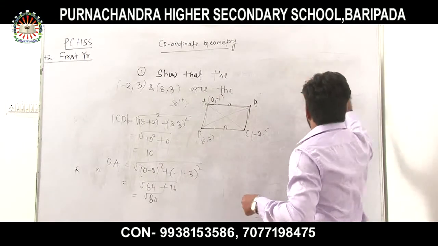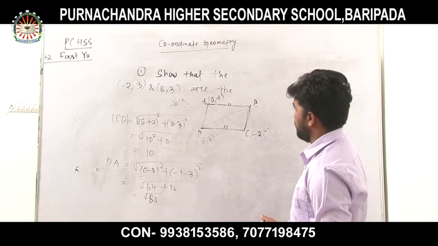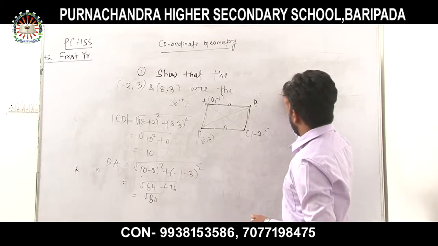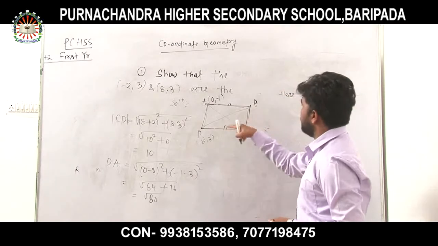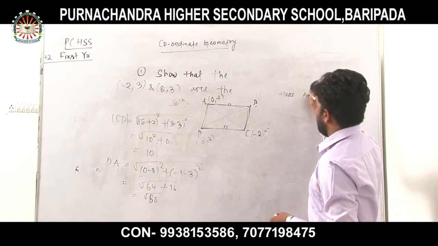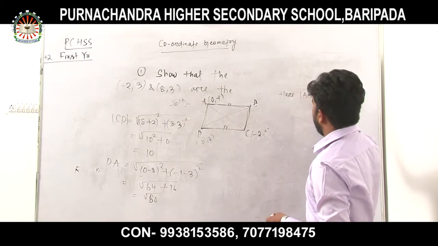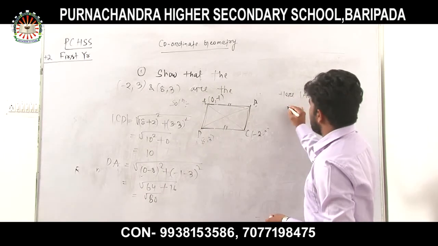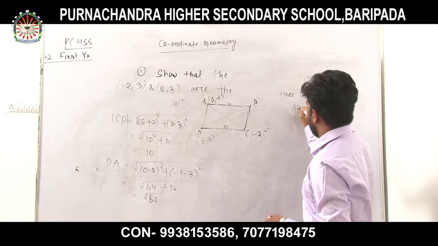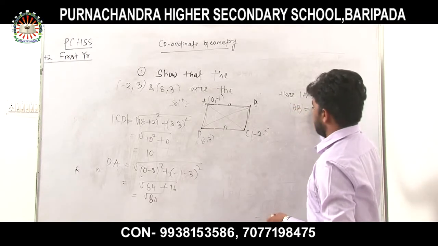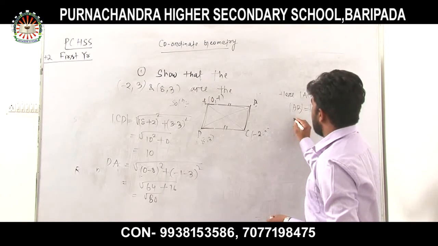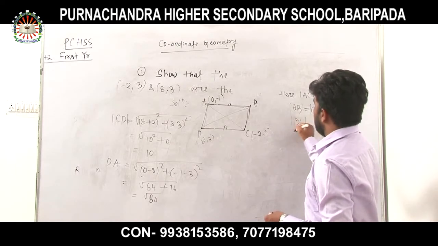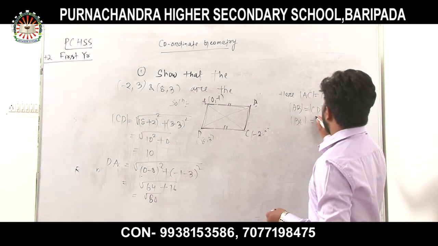What do we write here? AC equal to BD, AB equal to CD, BC equal to AD.